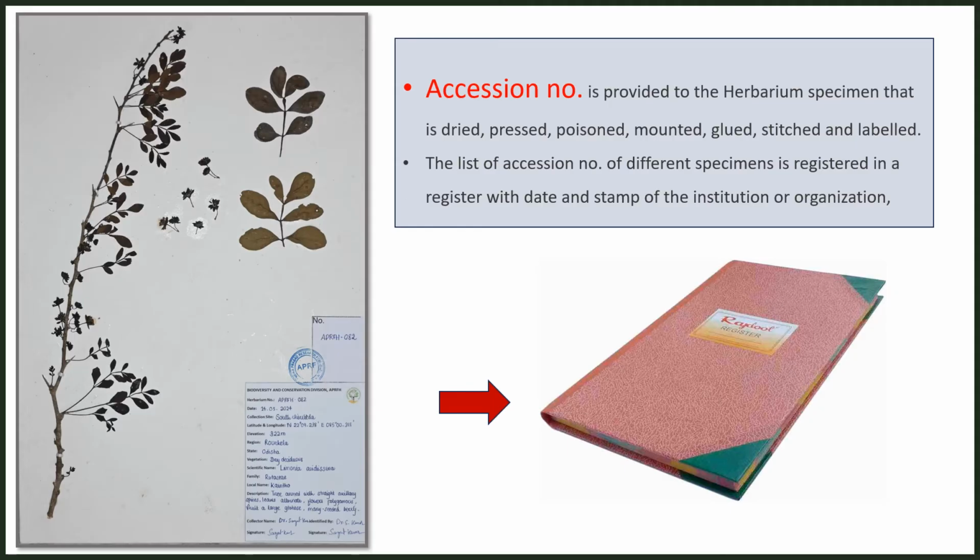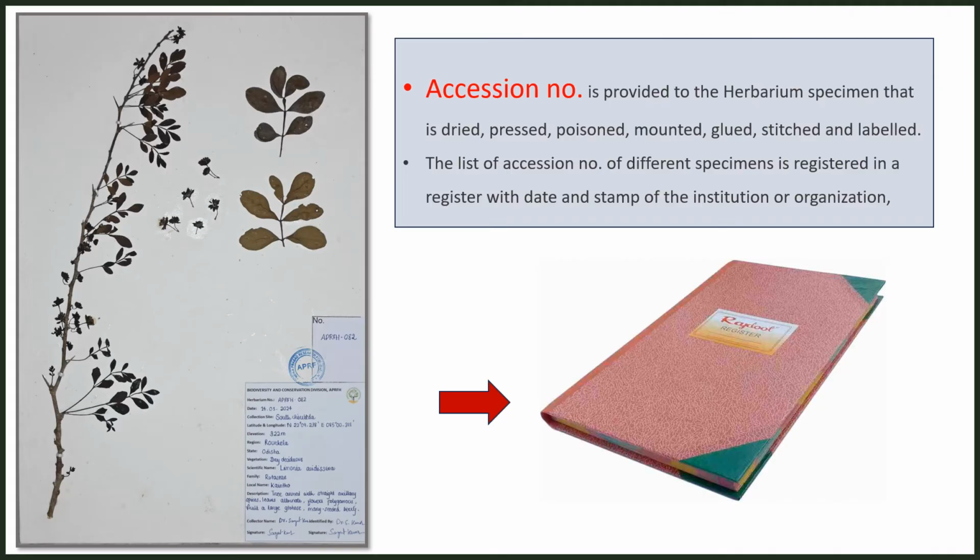You will be recording all the herbarium specimens in a particular order, in a particular arrangement, in the almirah, right? So these orders are mentioned as a number in the register, and we call it an accession number.